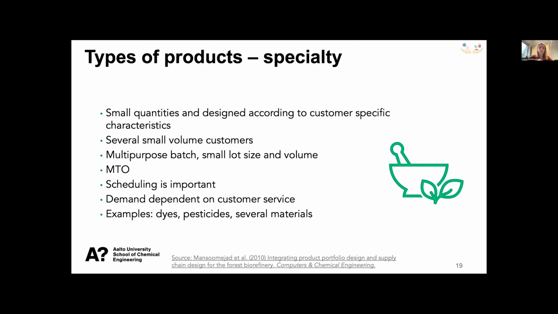It's about efficiency of the supply chain. And it depends a lot. So sometimes some dyes and pesticides, some materials, especially those high-end materials, or conductive textiles, or things that are made very specifically for this consumer to test in new advanced materials. They usually are specialty types of products.